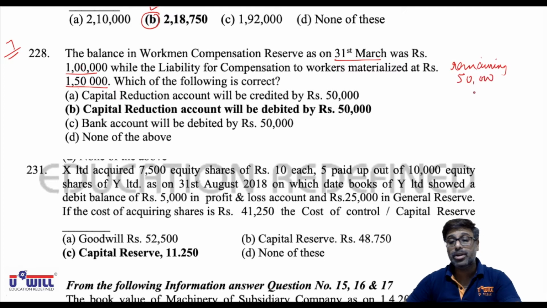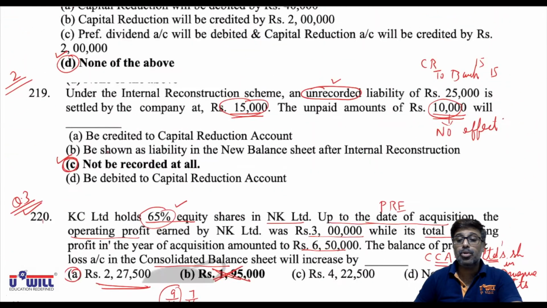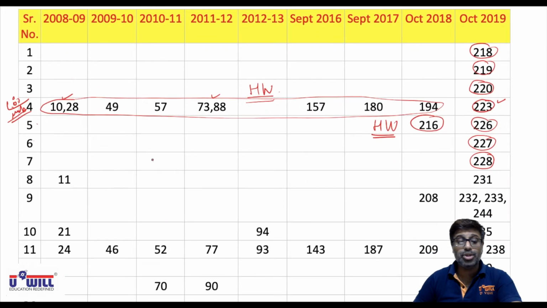They are talking about the internal reconstruction chapter. So which of the following is correct? Capital reduction account will be debited by the remaining rupees 50,000. The entry would be workmen compensation reserve account debit 1 lakh, we can take from that. Then capital reduction account debit 50,000 and to workers liability account 1 lakh 50,000. Similar to question 228, there is no question in the past.